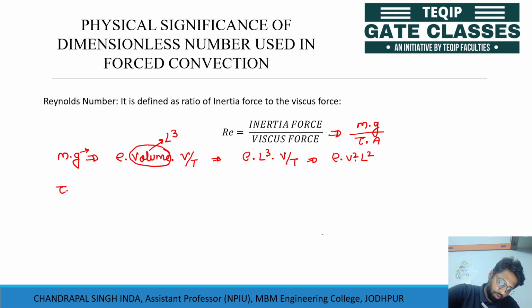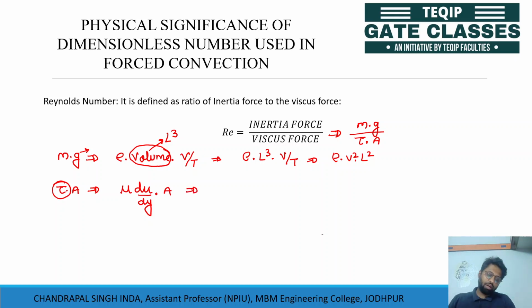Now we have tau into area. Tau is the shear stress. Shear stress is denoted by mu du by dy, multiplied by the area. Here du can be represented by the velocity, dy by the length, and the area by L square.